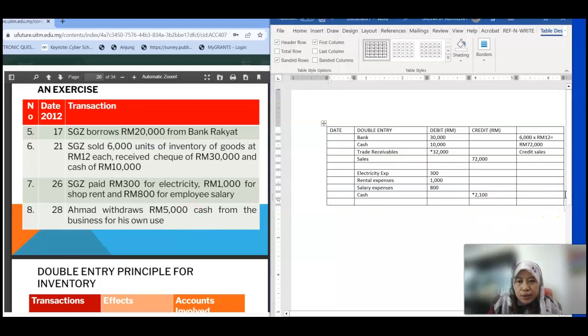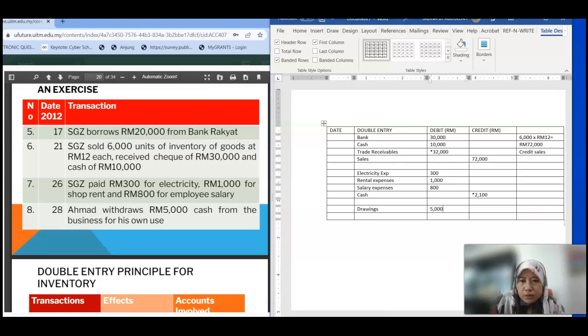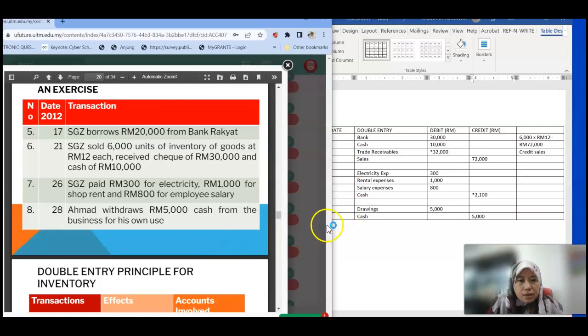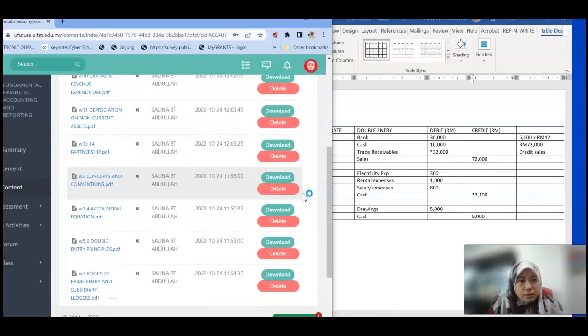So you will debit drawings account, and since this involves cash going out of the business, you have to credit cash. So debit drawings 5,000, credit cash 5,000. Okay, so next transaction.